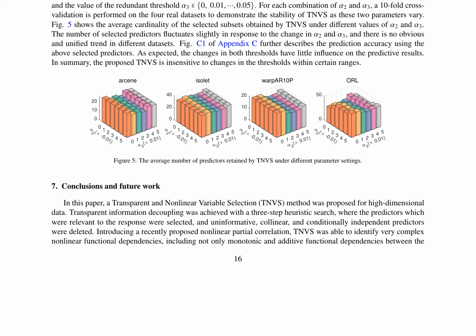The author's thorough evaluation of TNVS using real-world datasets and varying parameters underscores the method's versatility and reliability. By providing a robust and interpretable framework for variable selection, TNVS has the potential to significantly enhance the accuracy and reliability of high-dimensional data analysis.